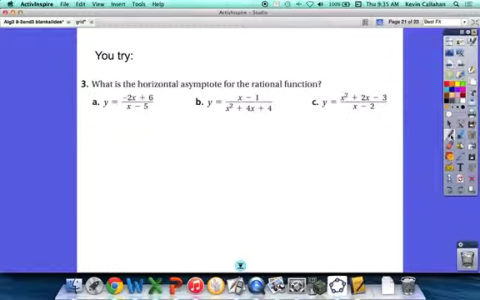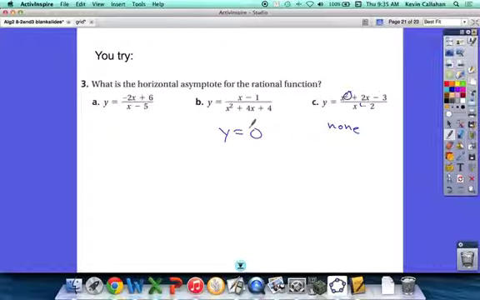This one is bigger, so none. That's it. Which of the remaining two is y equals 0? The one where the denominator has a higher degree than the numerator. That means y equals 0.